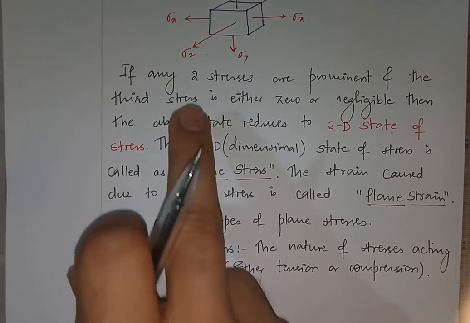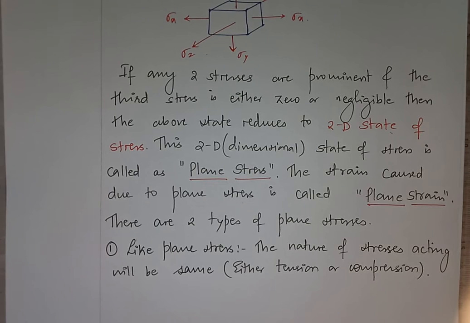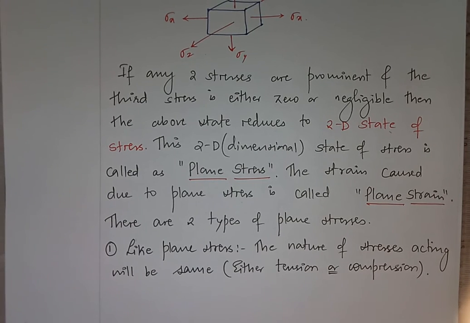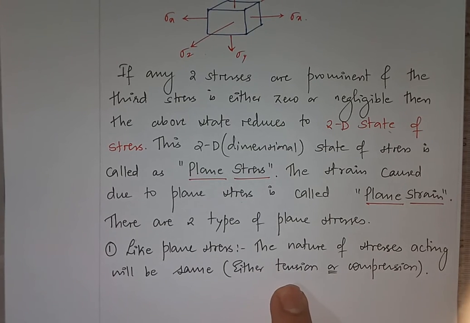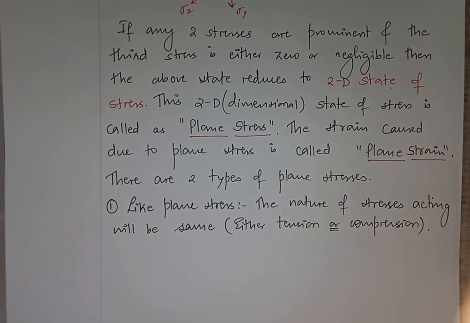So it may be in both the directions. When I say plane stress, it may be either sigma x, sigma y, or sigma y, sigma z, or sigma z, sigma x. In all the cases, if the tension or compression exists, then we call it like plane stress. You can note this, it is or. A combination of this is not allowed, right? Either it should be purely a tension or it should be purely a compression.